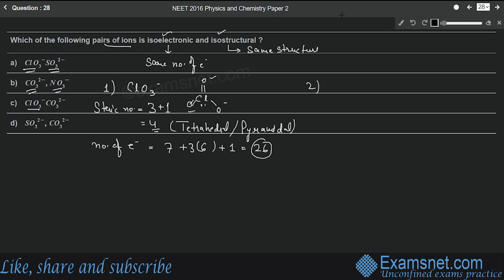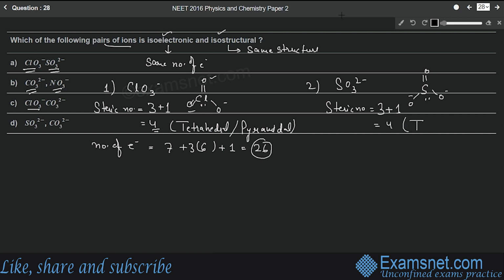The second one is SO3 2 minus. Here we have sulfur, then double bond O, here O minus, and then again one lone pair on the sulfur. First we'll find the steric number as usual. Steric number is equal to the total number of atoms bonded to the central atom, that is 3 oxygens, plus one lone pair, so 3 plus 1 is again 4.